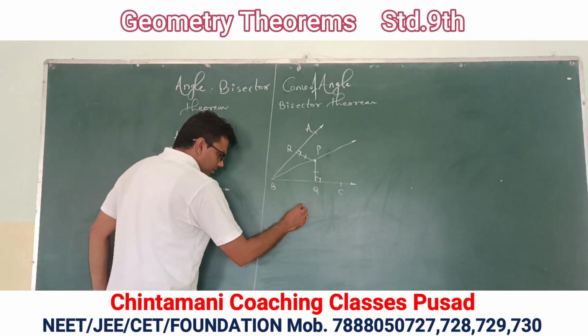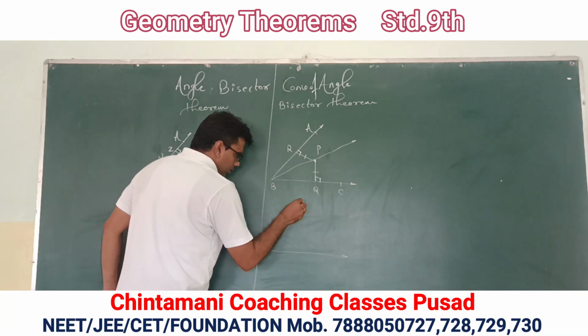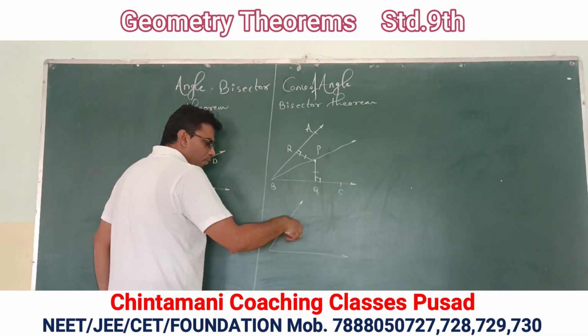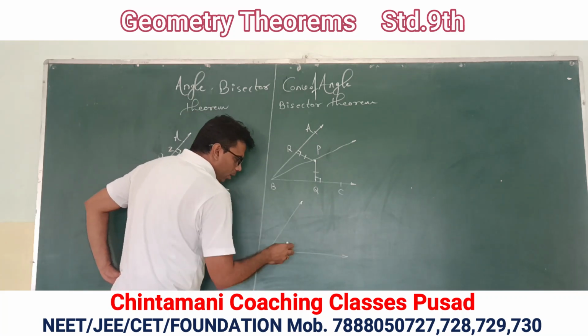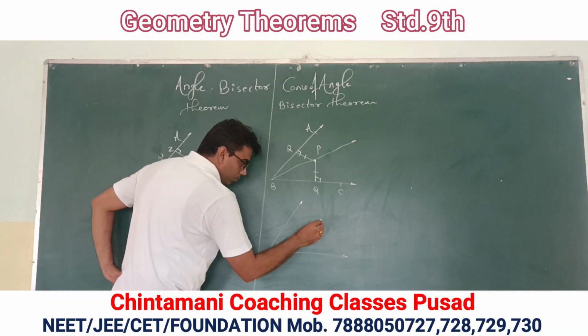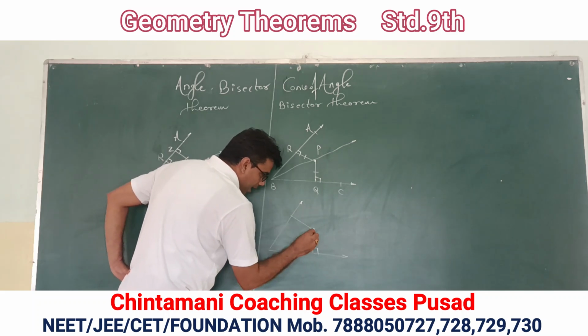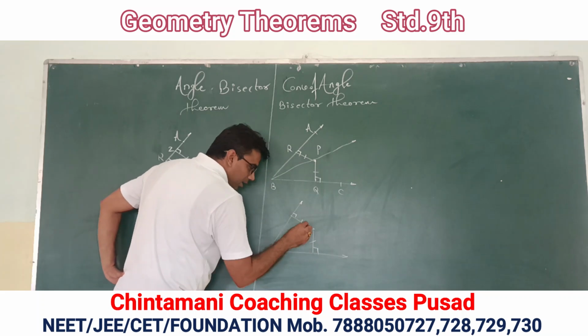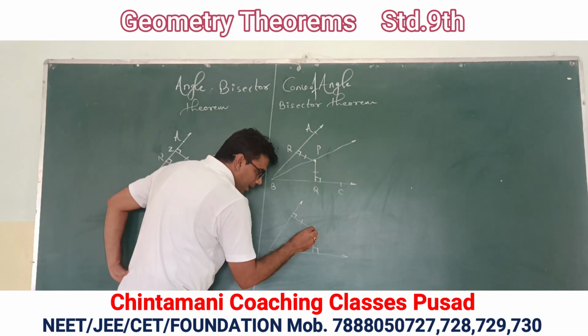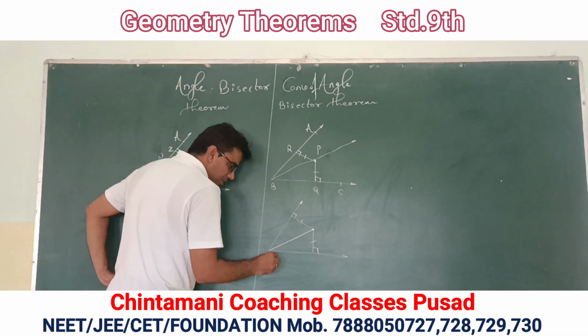Likewise, I can consider any point in the interior at any location, but from that location it should be equidistant from the arms. Only if it is equidistant can we say this point is on the angle bisector.